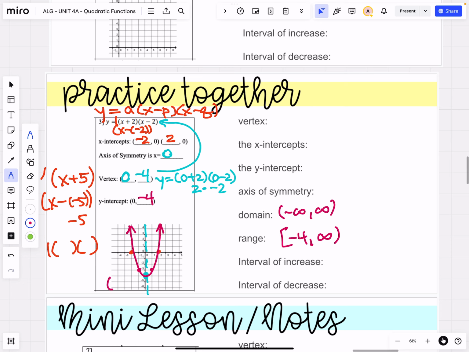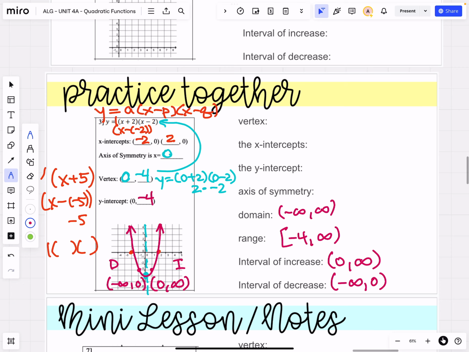The left half of the graph is going to be negative infinity to 0. Right side will be from 0 to positive infinity. Left side is decreasing while the right side is increasing. So our interval of increase will be from 0 to infinity, and our interval of decrease will be from negative infinity to 0. There we go.